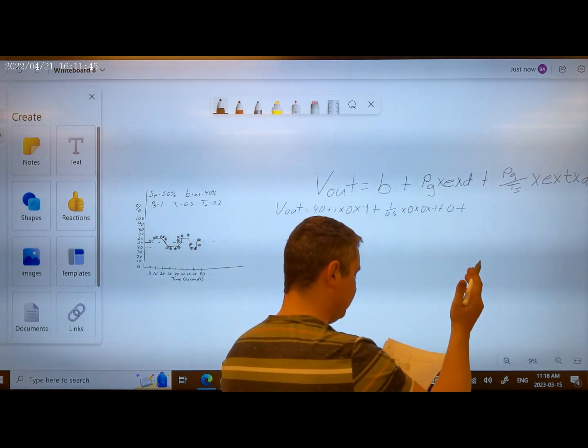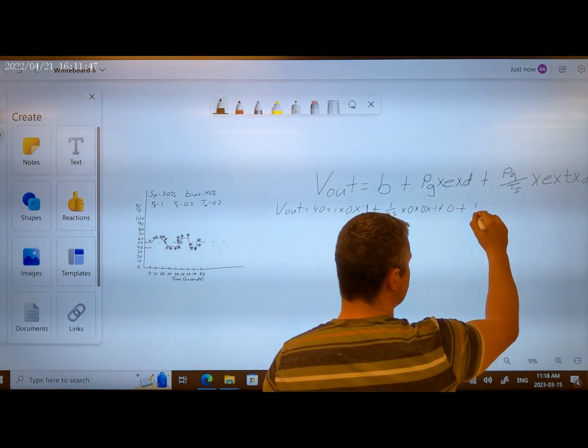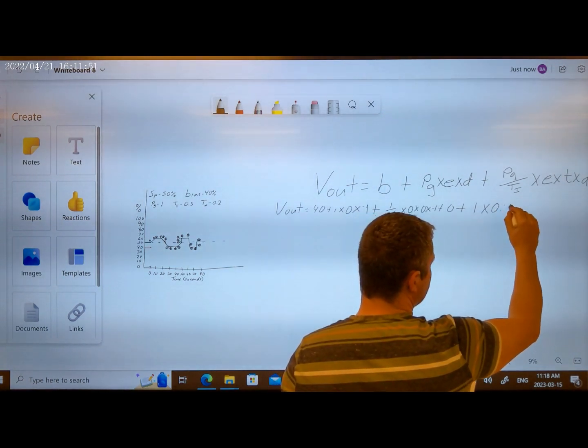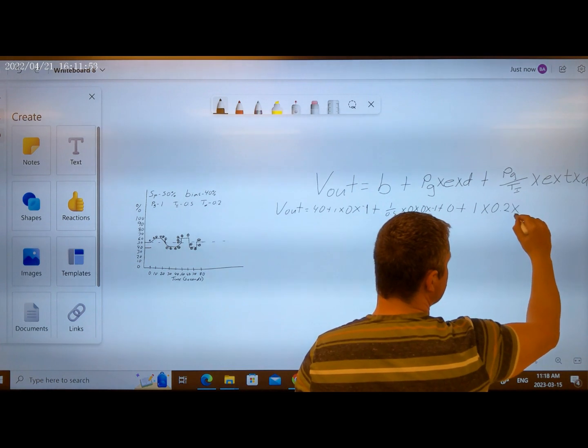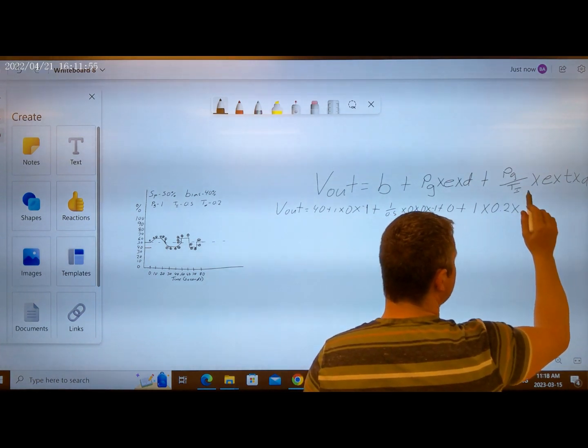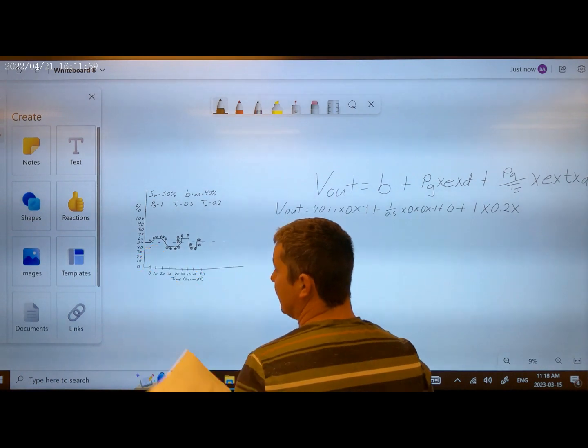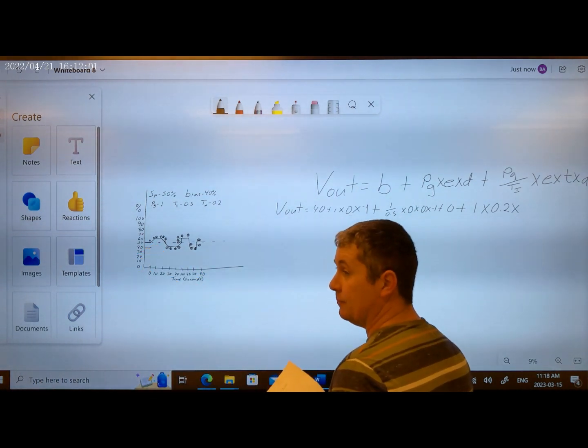So we add proportional gain, which is 1 times 0.2 times our error, which over the course of those 10 seconds is going to be an error of 10%.